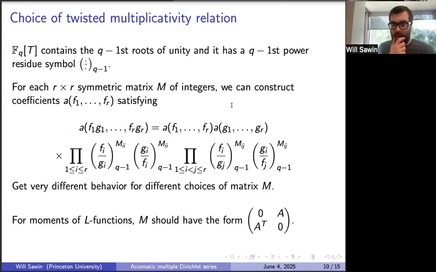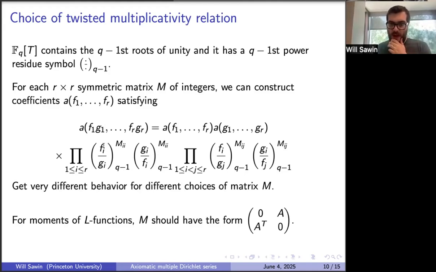So let me say something about the nature of this sea. How do we parameterize our series? The key thing to observe is that FQT has the Q minus first roots of unity. So you can use this to define a Q minus first power residue symbol, or a version of a Legendre symbol of order Q minus 1. And then we write down the most general twisted multiplicative relation you can think of.